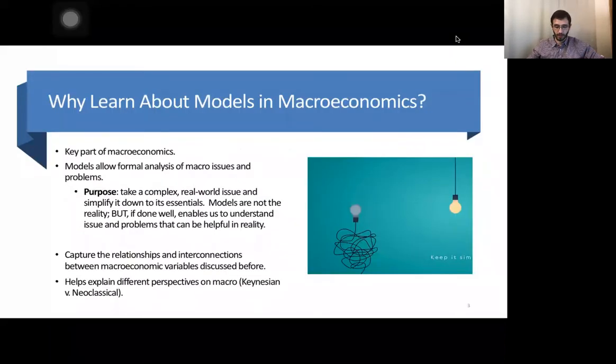Okay, an economic model. Here's a quick recap. Why do we learn about these models? If you remember, all the way from the first exam, it's a way to handle really complex problems. Reality is really complex. There's a lot of factors influencing the decisions of everybody. But we try to find a way to model it in a more simplified way, so we can at least derive some implications that can be useful for us today.